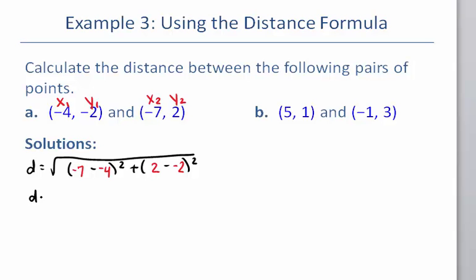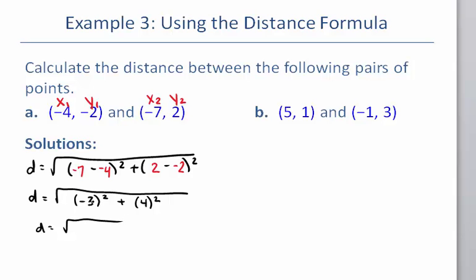Once that's done, then we'll simplify according to the order of operations, which basically tells us to deal with the parentheses first. So I have -7 minus a -4. This becomes plus a positive, giving us an answer of -3. In my second set of parentheses, I have 2 minus -2. Again, this becomes plus a positive, which gives us a +4 that we'll be squaring.